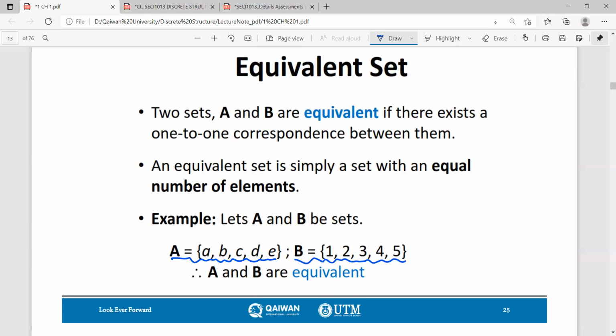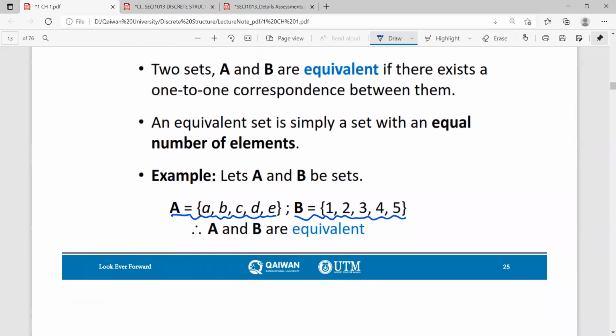In set A, we have 5 elements, and in set B, also we have 5 elements. That means A and B are equivalent.